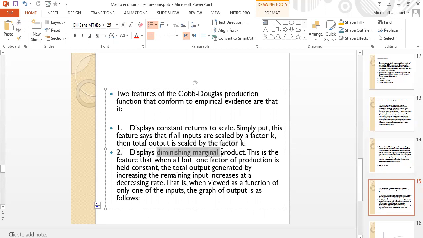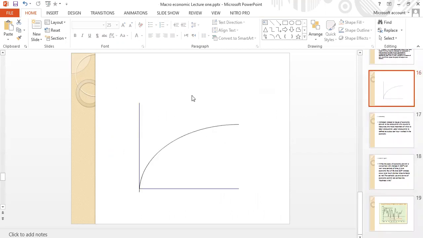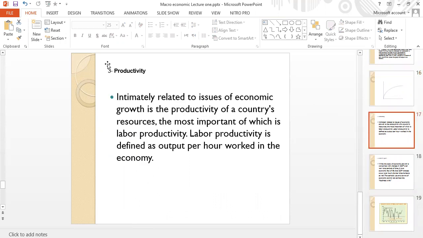So this is diminishing marginal product. The total output generated by increasing the remaining input increases at a decreasing rate, when viewed as a function of only one of the inputs. And this is the graph of Cobb-Douglas, the production graph.